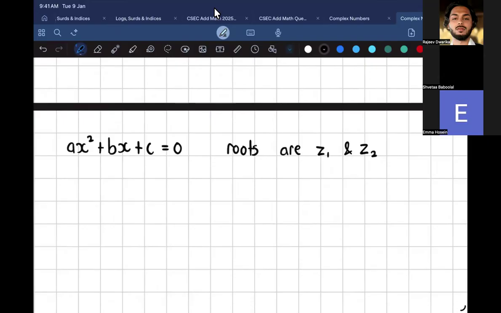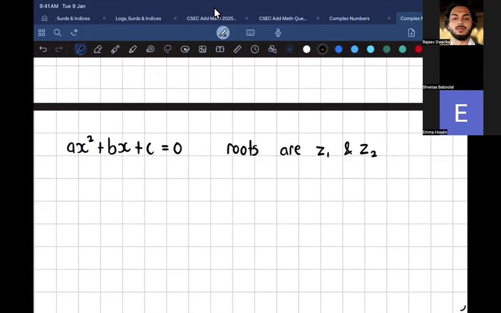I want you to understand that z actually stands for a complex number. So that could be in the form a plus bi. Don't get confused by that. Z1 and Z2 is just there to reference the complex number form. Remember we would say Z is equal to A plus BI or Z is equal to A minus BI. Z is used to represent a complex number.